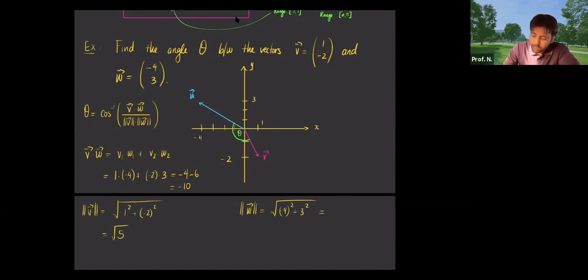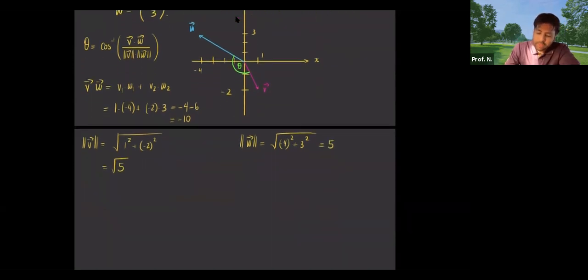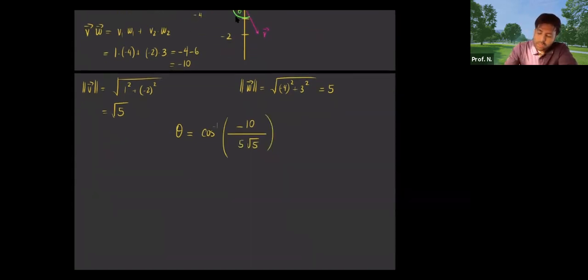Rad 25 is 5. So theta will be cosine inverse of -10 divided by 5 rad 5. You can simplify this. You don't have to, but I like simplifying things. This becomes -2 over rad 5. So this is my theta.